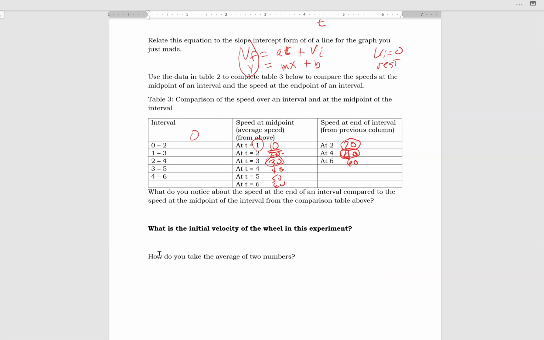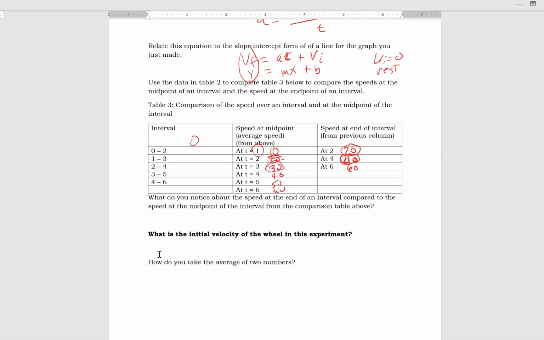All right, so that gives us the idea that, and we know that from 0 to 6, the average speed from 0 to 6 was equal to the speed at t3.